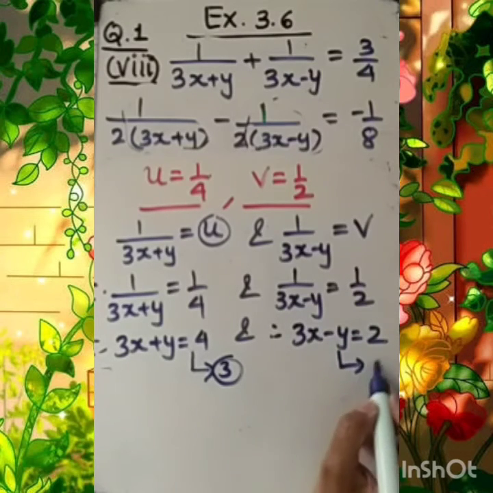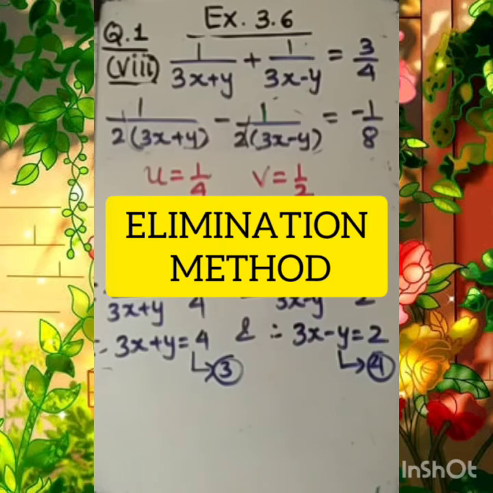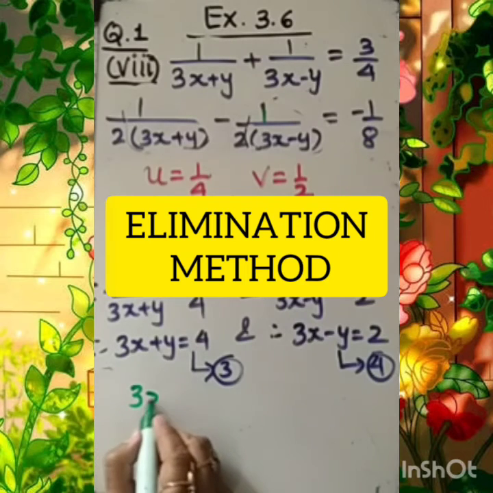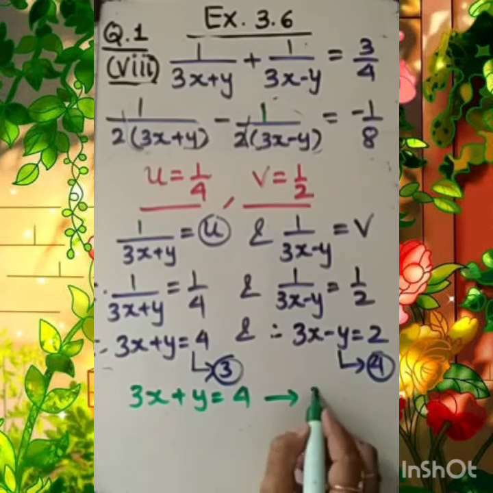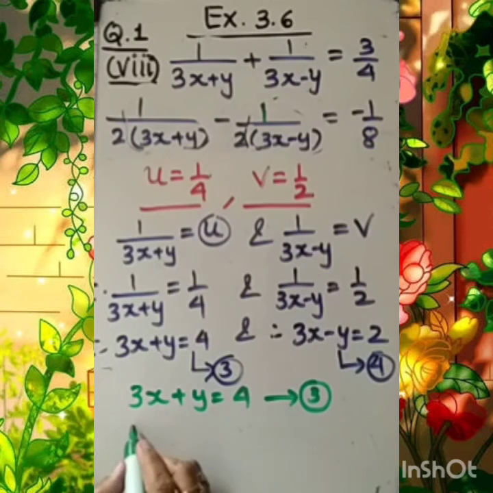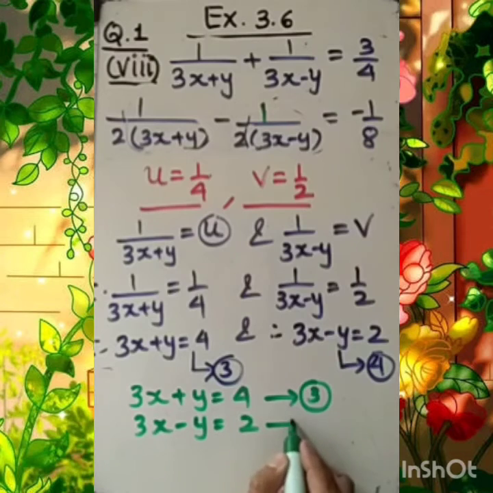Let me call this equation number 4. Now I am applying the elimination method for equations 3 and 4. So here 3x plus y equal to 4, this is equation number 3. Another equation is 3x minus y equal to 2, equation number 4.